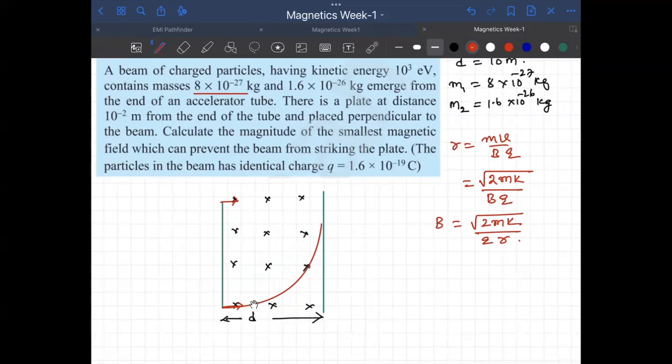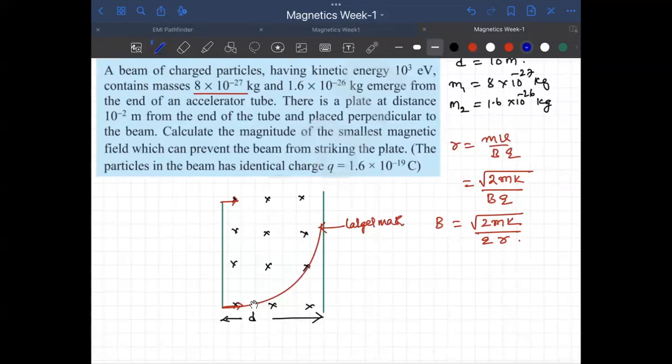So for the particle of larger mass, if this is satisfied for the particle of larger mass, B required is more. If the condition is satisfied for the larger mass, automatically the lesser mass will also be considered. For example, this is the path for the larger mass.